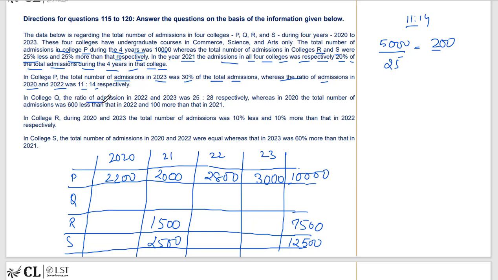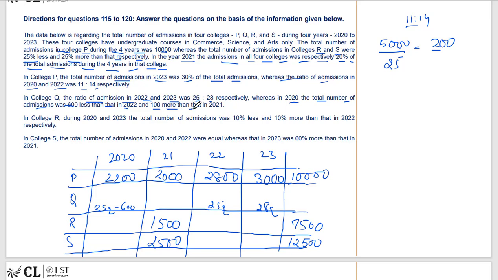In college Q, the ratio of admissions in 22 and 23 was 25 is to 28. So we have a ratio here. Let me put this in terms of ratio: 25Q, 28Q. In 2020, the total number of admissions was 600 less than in 2022. So this I can write as 25Q minus 600.